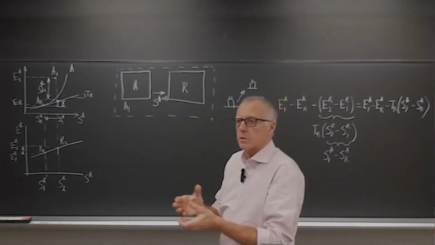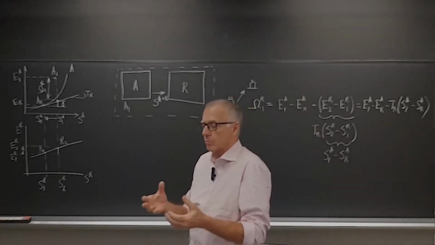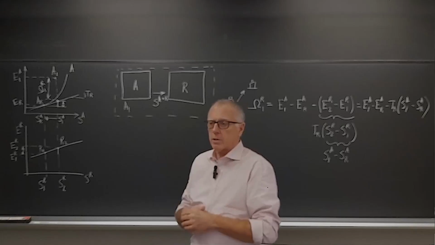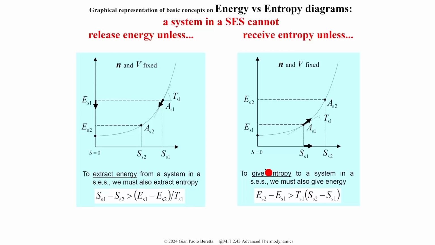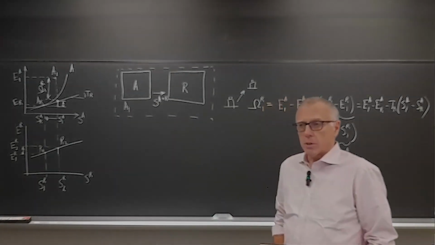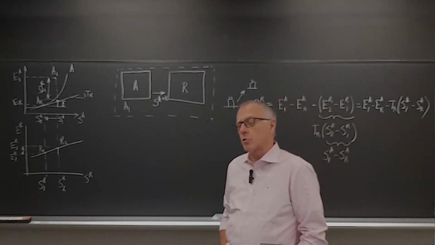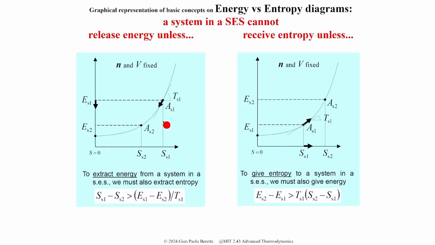For example, in a steam power plant, you just heat up water, you make steam, and that steam is some sort of a high temperature stable equilibrium state. So here's the state, and you would like to extract as much energy as possible. So you would like to go down, but going down on the diagram would be an impossibility. I mean, a perpetual motion machine of the second kind, so it's impossible. In order to go down in energy, you need to subtract also some entropy.